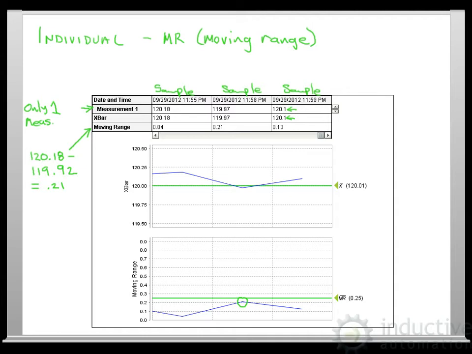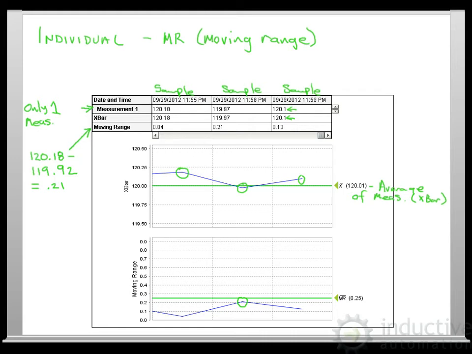Everything else is pretty much the same. We're plotting 120.18 and 119.97 here, and we're taking all those and averaging them together. So this is our average of measurement values, basically, which in this case are our X-bar values. And that's equaling our green line here for all samples.